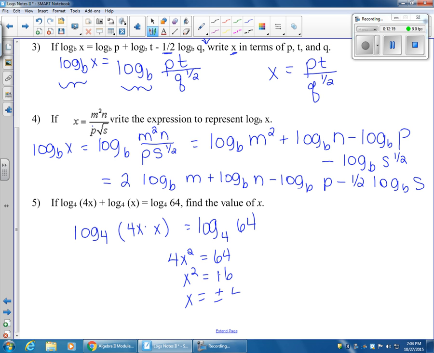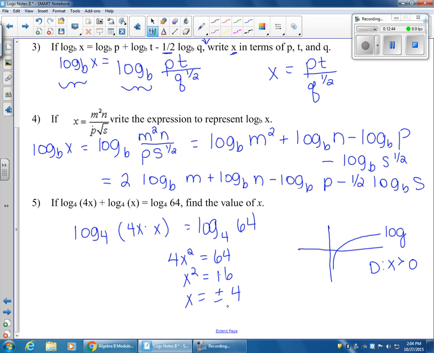Now, go back to yesterday where we talked about what the graph looks like and what the domain looks like. So this is a basic log function. We talked about that the domain is x is greater than or equal to, no, it couldn't be equal to, just greater than 0. So we can't take the log of negative numbers or of 0.